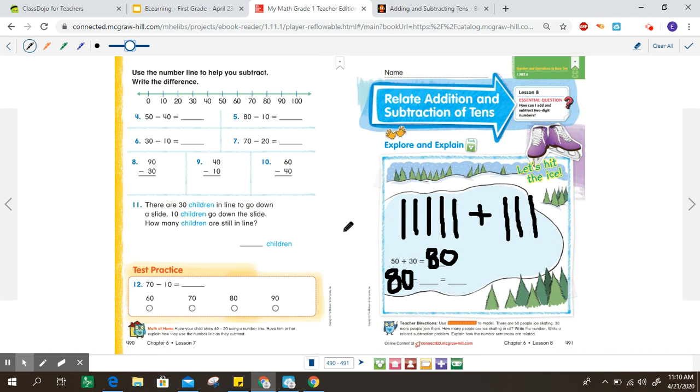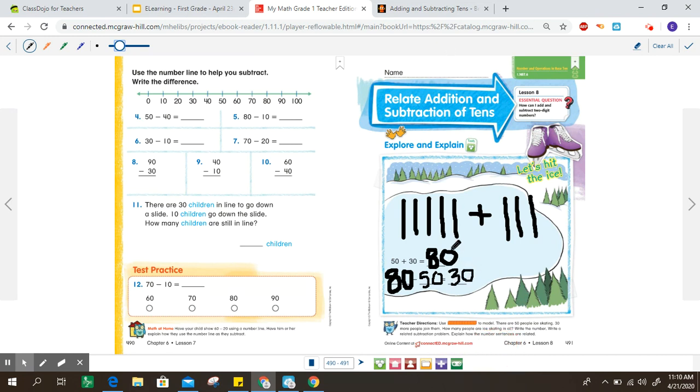Now, when I subtract to make a related subtraction problem, it doesn't matter if I take 50 or if I take 30 next. I could do 80 minus 50 equals 30, or I could do 80 minus 30 equals 50. I'm just going to pick 80 minus 50 equals 30.